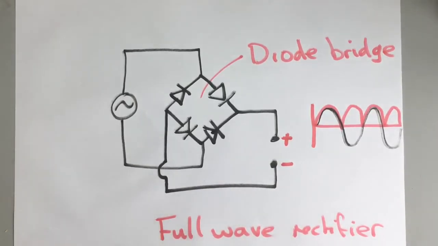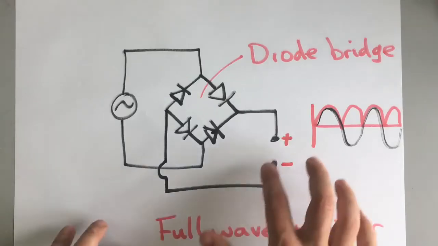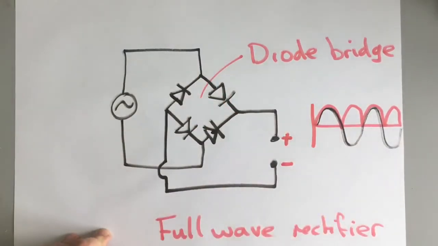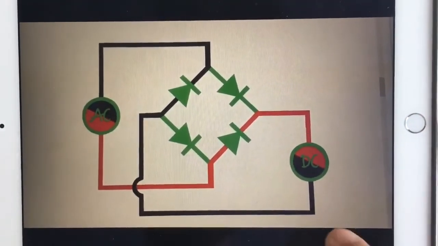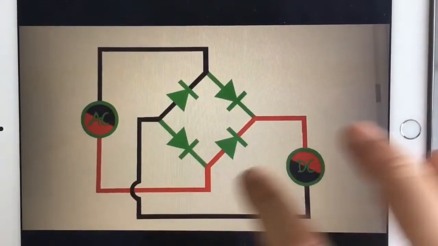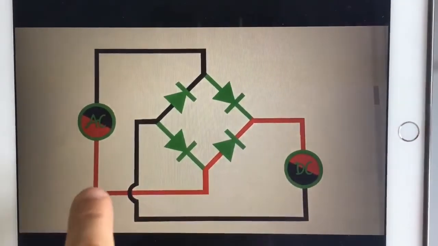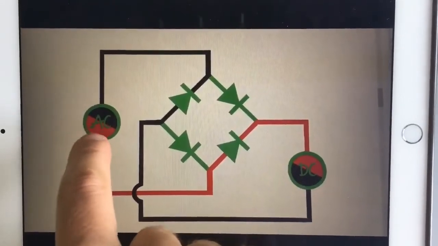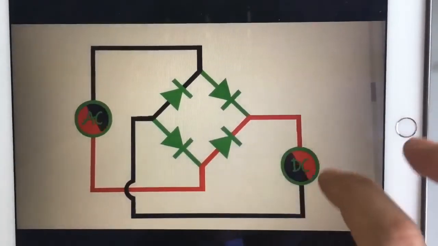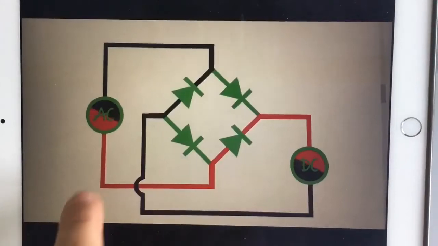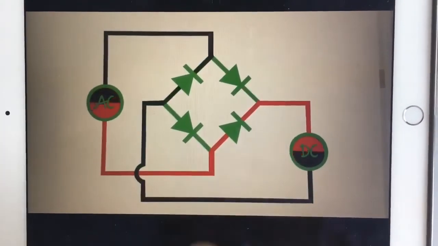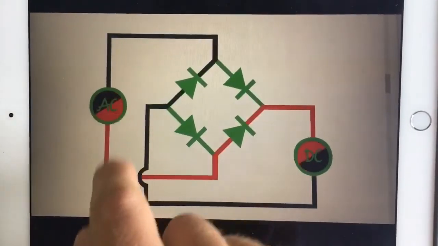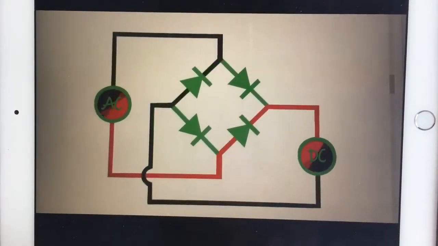But before we move on, I'm just going to show you an animation which shows you this relationship and the input and output of the diode bridge. Now this animation shows you a diode bridge circuit, and the red line is positive, and so you can see that the AC will alternate between positive and negative, and the way that that positive charge is distributed by those diodes depends on which side of the AC happens to be positive at that time.